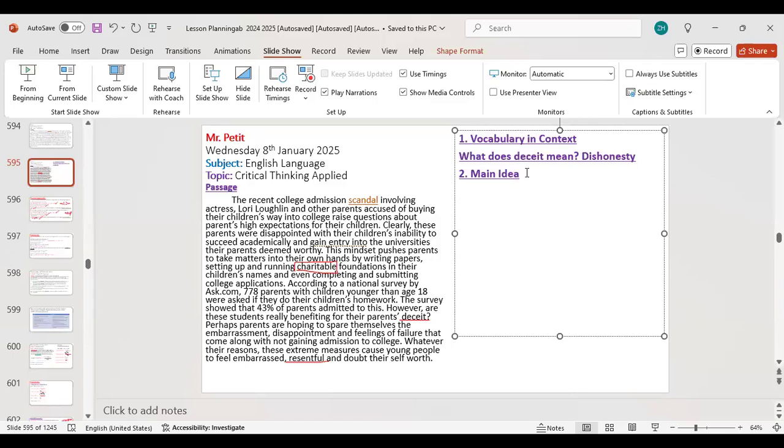Is it to criticize parents for undermining their children's development through dishonesty? Is it to describe a survey that explores parents' involvement in their children's education? Or is it to examine the societal pressures leading parents to take extreme measures for their children?